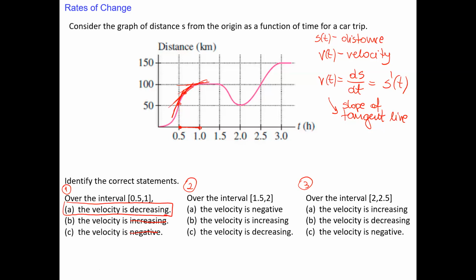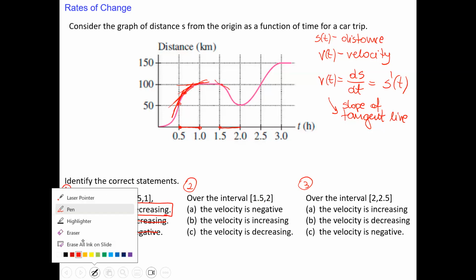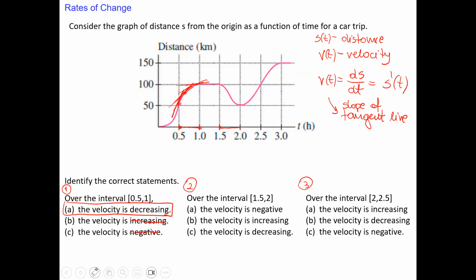Let's do the same between 1.5 and 2. Slope of the tangent. Oh, no. Let's actually see. The slope goes this way of the tangent. Then it's more negative, but then again, it becomes almost 0. That means it's kind of decreasing and then increasing.